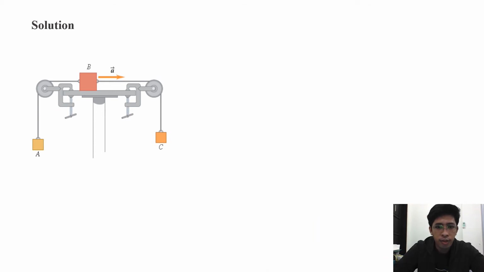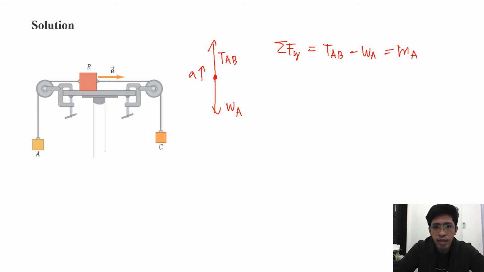So from the first free body diagram for your block A, let me just draw it again. So you have your tension AB, and then you have your weight of mass A, and we have written the equation of motion of this one, which we have just along the Y, since along the X it is 0. So you have the sum of Fy, this is equal to T_AB minus weight A, and then you have an acceleration upwards, this is equal to your mass of A times your acceleration a.